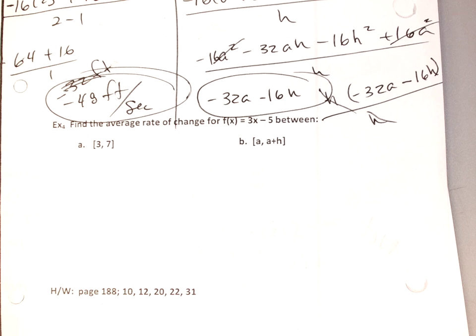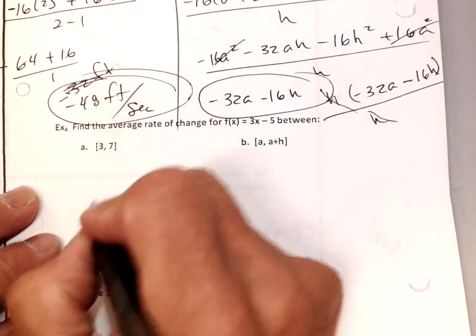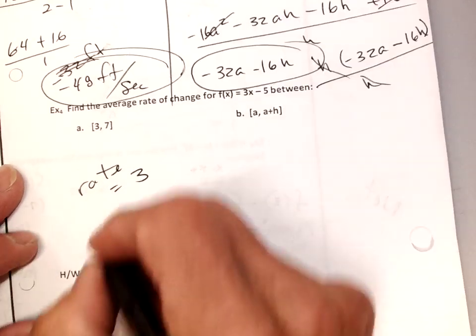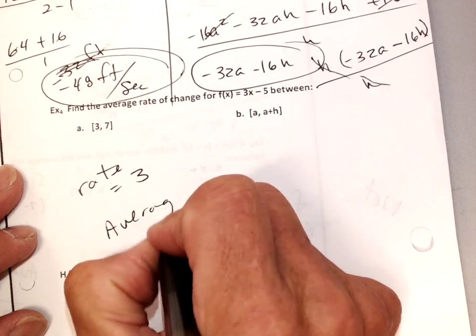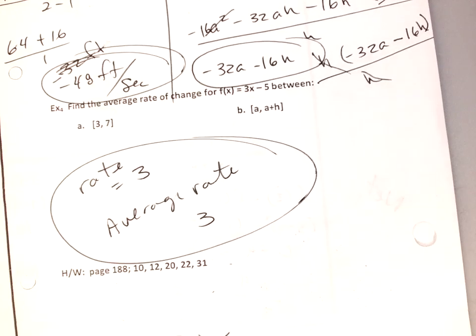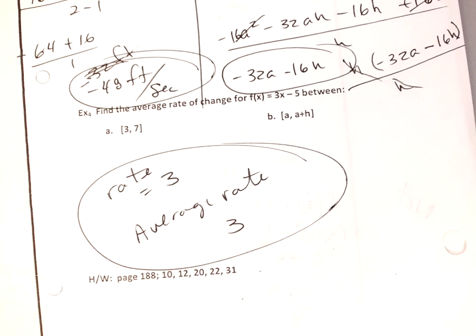So as long as it's linear, the slope will never change, right? If the slope never changes, then the rate never changes. So if it's linear, we could do all this work, but guess what the answer is going to be? The average rate of change is 3. I mean, you can do the math if you want to, but the answer is going to be 3.